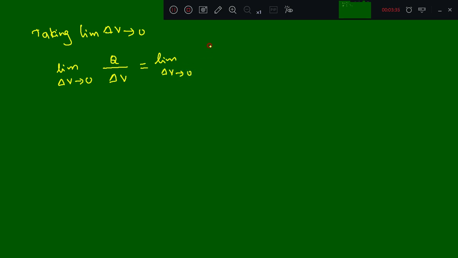Now taking the limit delta V tends to 0 on both the sides, I will get limit delta V tends to 0 of Q divided by delta V is equal to limit delta V tends to 0 of surface integral D dot dS upon delta V. This you can call equation number 3.